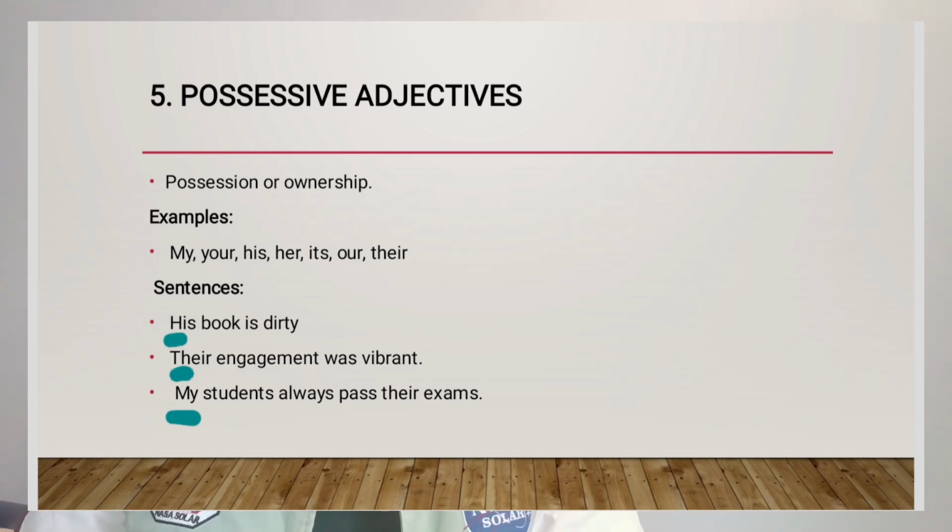So in this particular case, that's what we are referring to. Their engagement was vibrant. And our last example in this segment of possessive adjectives would be, my students always pass their exams.